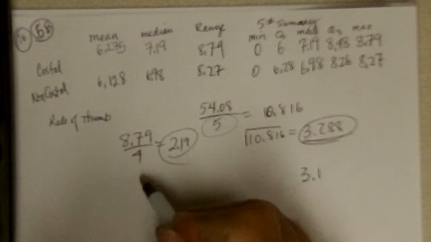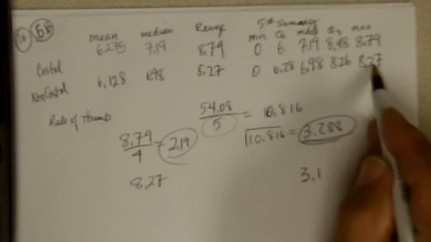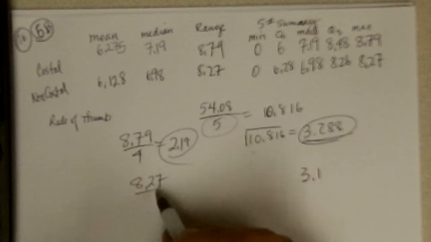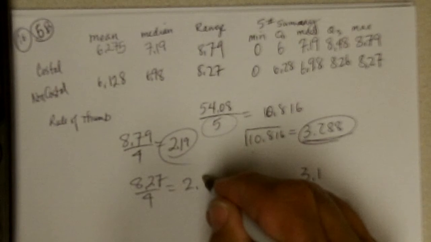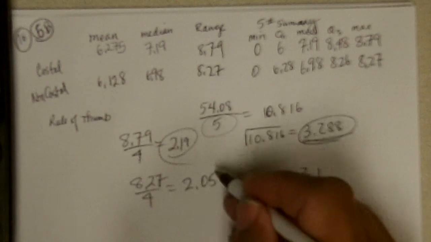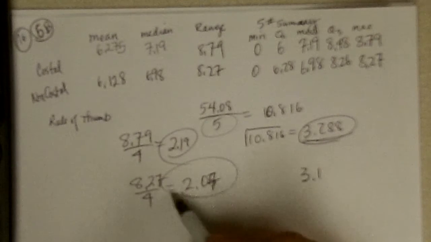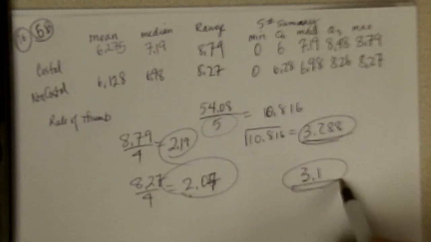The rule of thumb says 8.27, that's the max minus the min, since the min was 0, 8.27 divided by 4 is 2.05 something, almost 2.07, and they're sort of close. That's the rule of thumb standard deviation and the standard deviation.